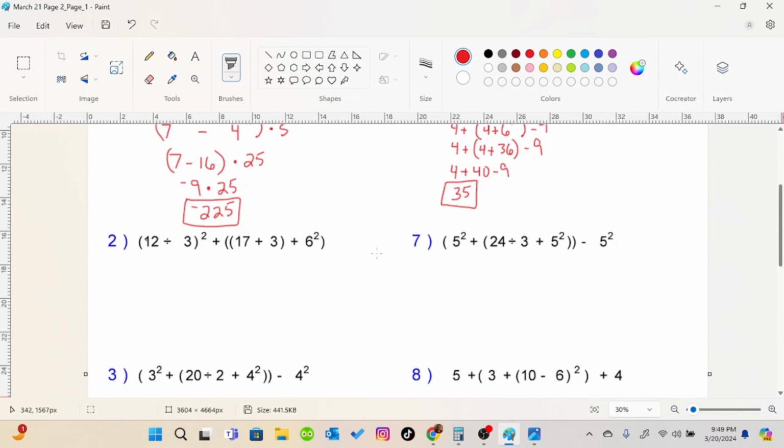Number 2. I'm going to do the 12 divided by 3 in parentheses. And this becomes 4. I'm going to do the 17 plus 3 in parentheses. That becomes 20. Now I'm going to do the exponents. 4 squared is 16.